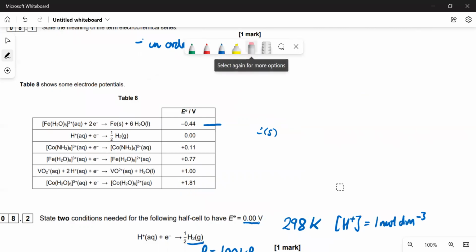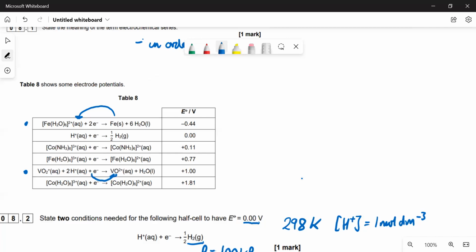We need to look at iron reacting with dioxide of vanadium. So obviously we want this half equation and this one here. The vanadium one is the most positive, so that's going to go forward and take in the electrons, and the iron one is going to go backwards and give out the electrons and form the Fe2 plus ion.